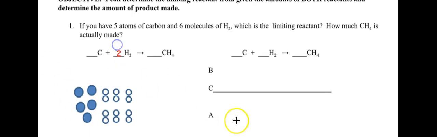I think if you put a 2 here and a 2 here, you're going to be all set. All right, so how is this going to work? Well, what if I use 1 carbon and 2 of these? What do I make? I make 1 of those. Let's do it again. What if I use 1 carbon and then 2 of these?